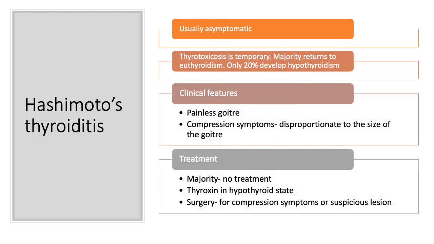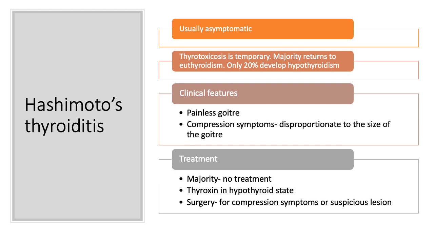Hashimoto's thyroiditis is a chronic thyroiditis. It is usually asymptomatic. So thyrotoxicosis is temporary in Hashimoto's thyroiditis. The majority return to euthyroidism, but only about 20% will develop hypothyroidism. These patients present with painless thyroid enlargement and compressive symptoms.